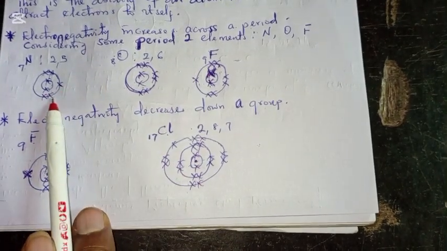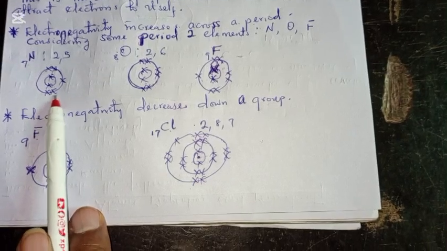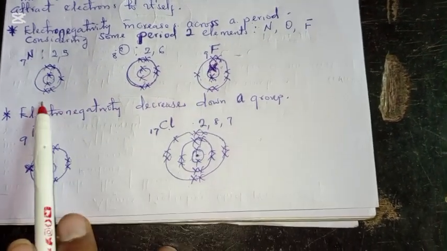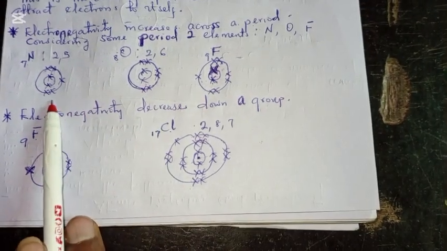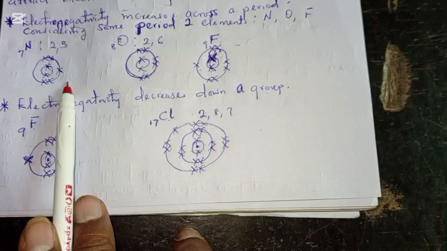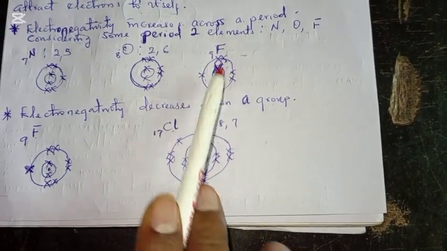Now, since this needs the most energy, this needs more energy, and this needs less energy, looking at that trend, you notice that we have a decrease in energy from nitrogen to fluorine. On that note, we can say electron affinity decreases across the period.